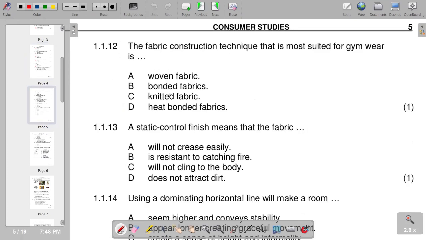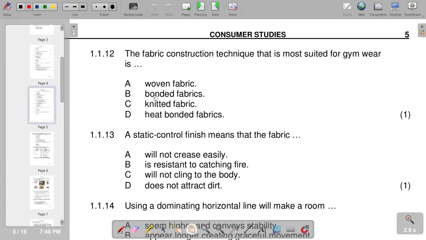The fabric construction technique that is most suited for gym wear is C, knitted fabric. A static control finish means that the fabric will not cling to the body. So we have C.